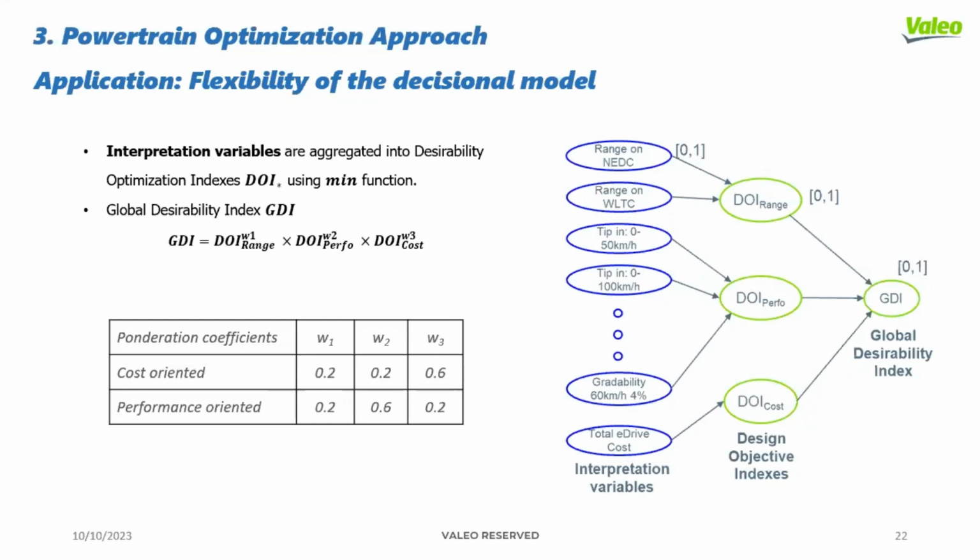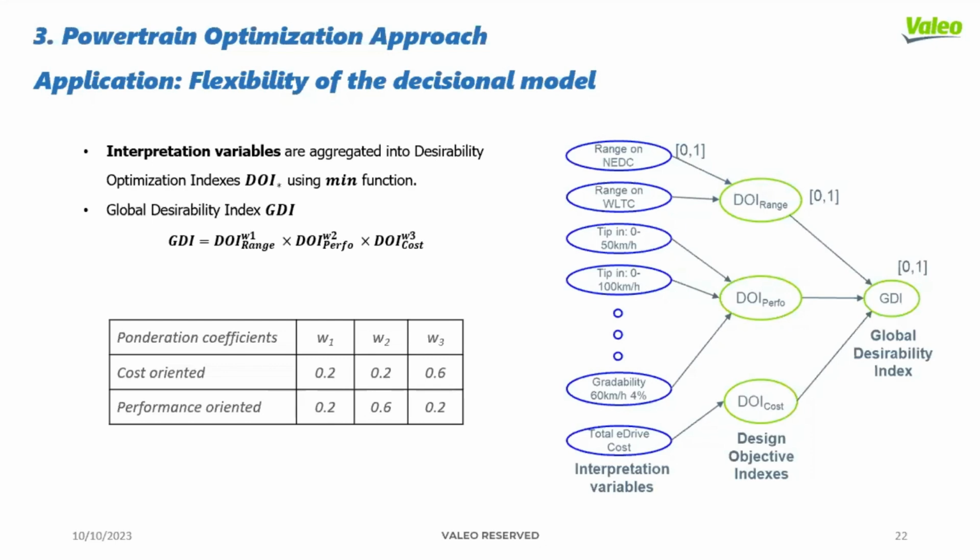And then we aggregate all of them into the GDI. To go from here to here, we use the minimum function. So it's the worst result that will be limiting our DOE.